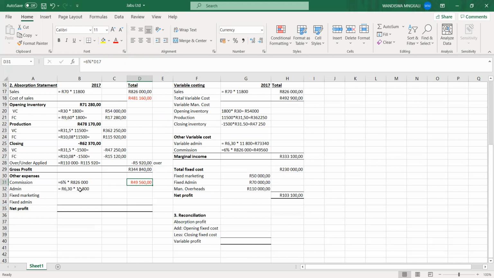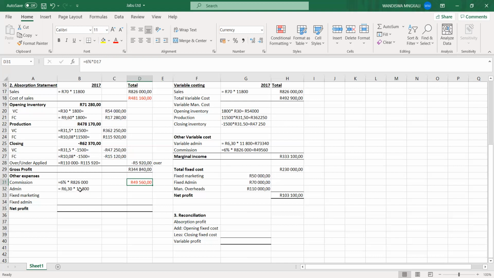Okay, now coming to my admin costs. They told me that variable admin costs vary according to the number of units sold. So if you look in the information that we were given for our absorption cost statement, you can see in the year 2015 that our variable admin cost was 63,000 rand. So 63,000 rand divided by the number of units in 2015 that we sold, which was 10,500, you would then get 6 rand per unit.